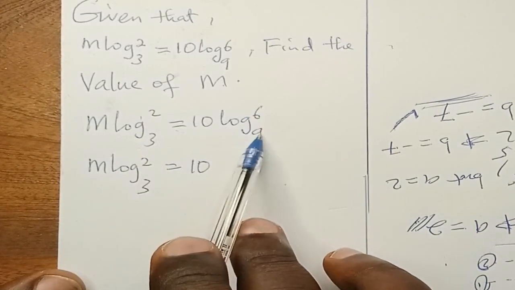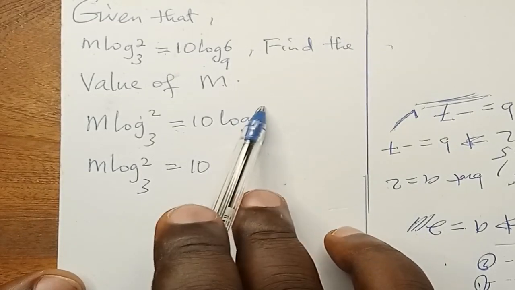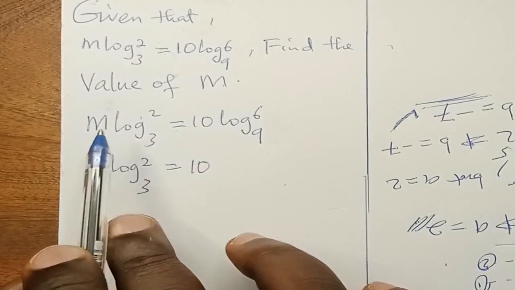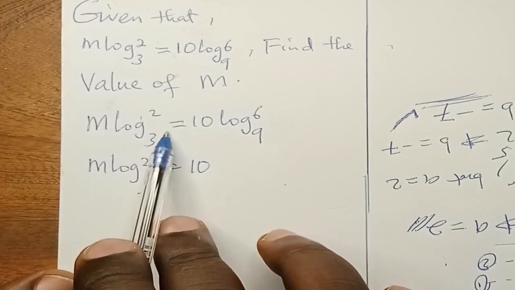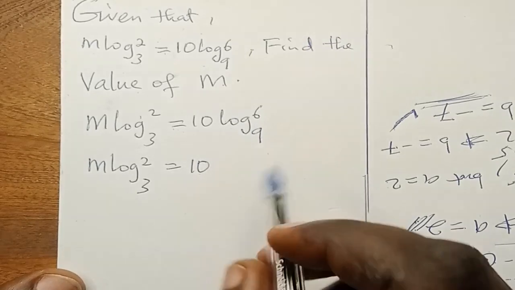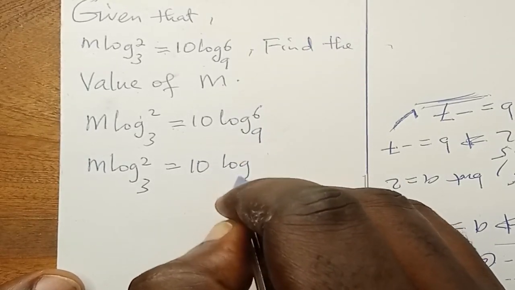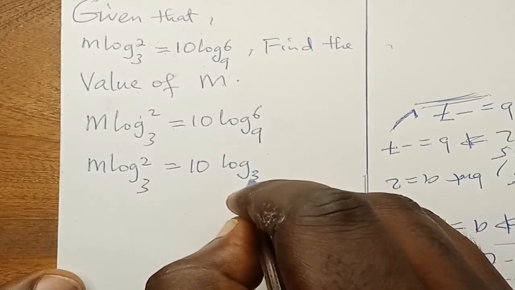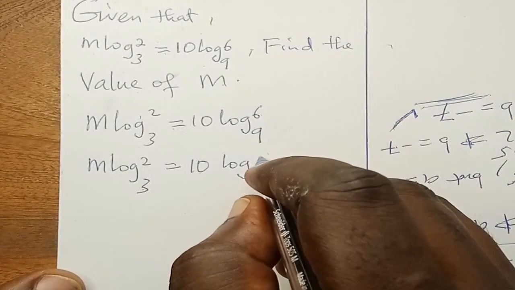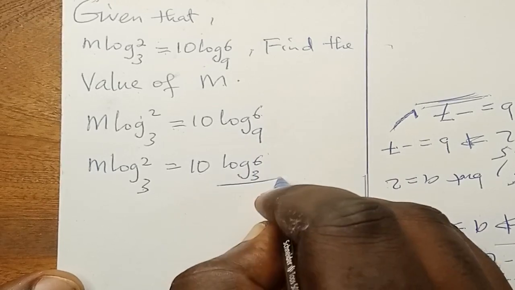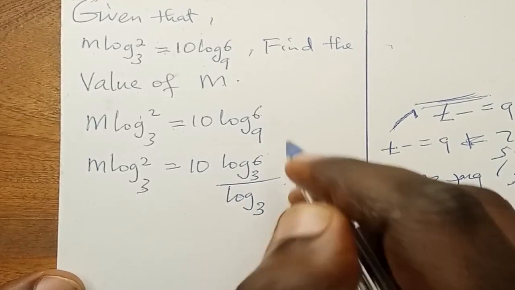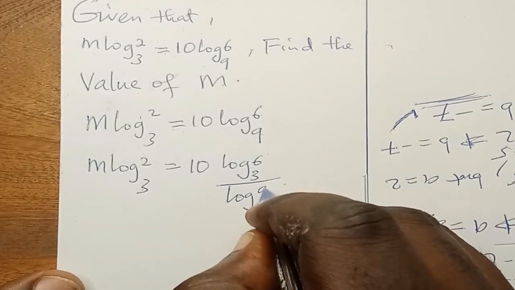So we are going to say this is 10 here. We are going to have log to the base of 3. We must put it to be like this base. Then we have 6 here divided by another log to the base of 3. Then now it is 9.